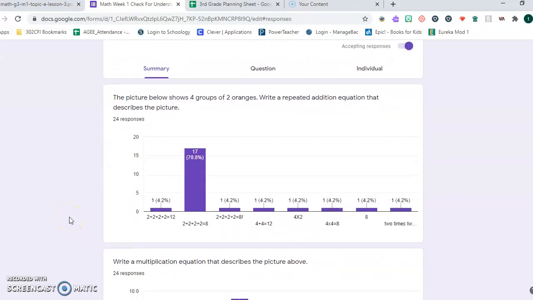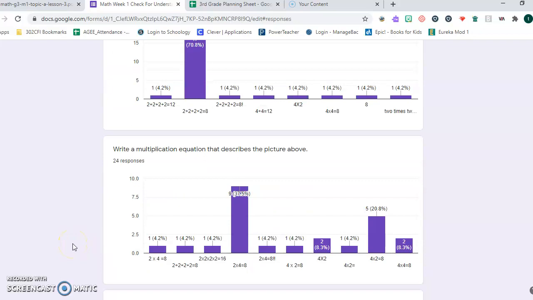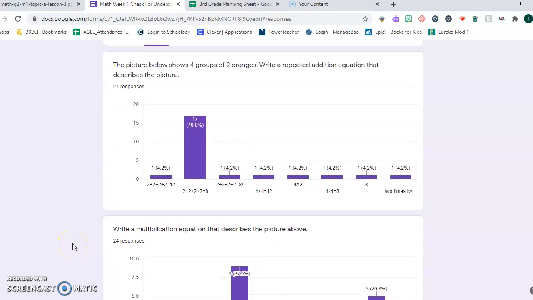This gives me a little bar graph and a sheet that shows who answered what. I didn't ask for your names on this Google form, so I don't know who did which answers. But it was like a practice run of what you're going to do to make sure that you're understanding the things that we're presenting.